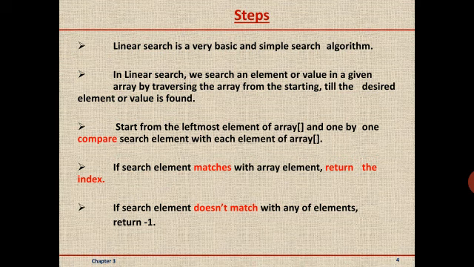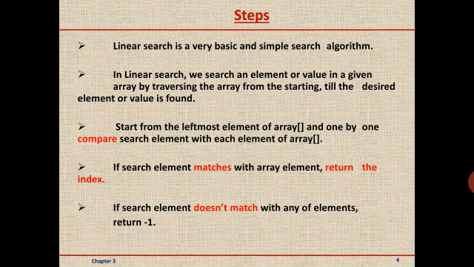It has these steps. Linear search is a very basic and simple algorithm. Here, the search element in the given array is compared from the start till the end of the array until we find the element matched. We start from the leftmost element of the array and one by one we compare the search element with each element of the array.